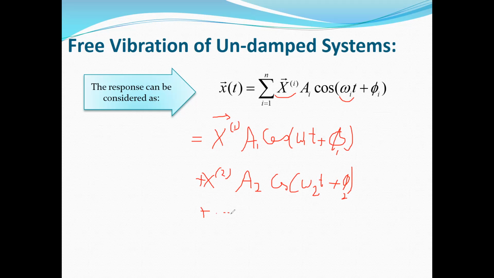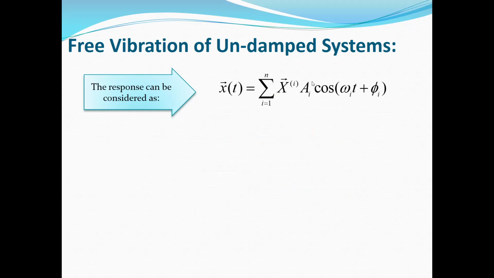This can be continued for n degrees of freedom. So this is the response of an undamped system, and in fact this is the transient or free vibration response of this system.